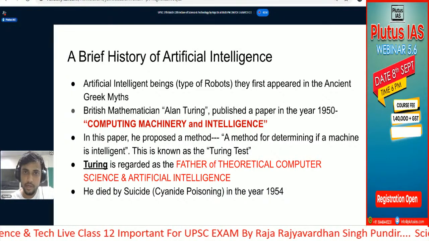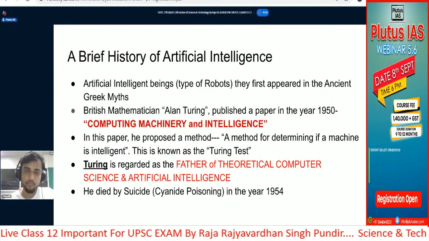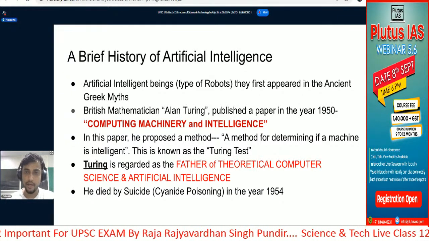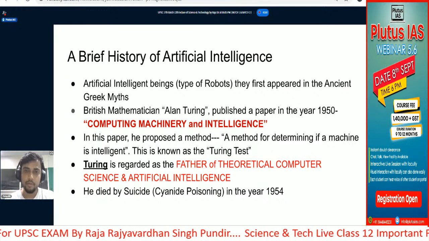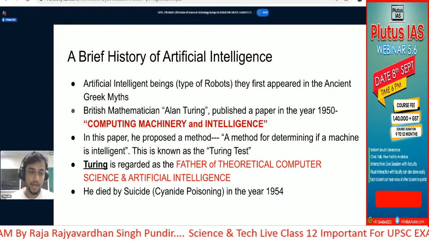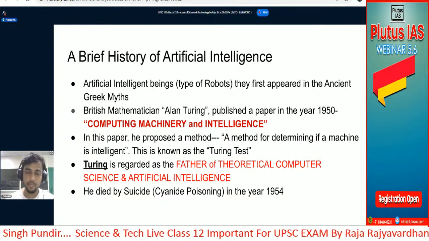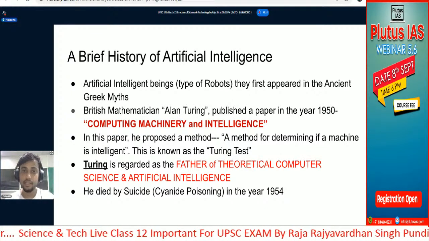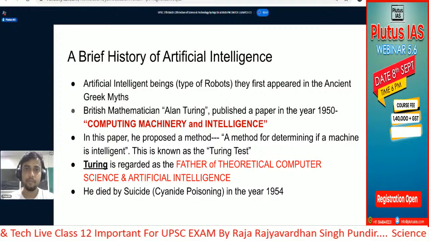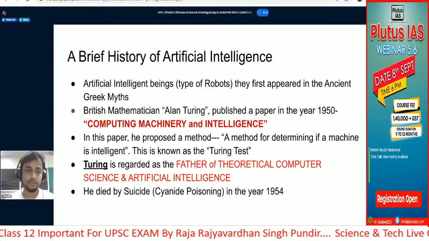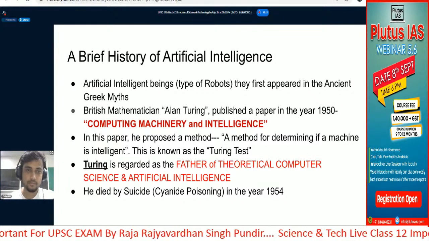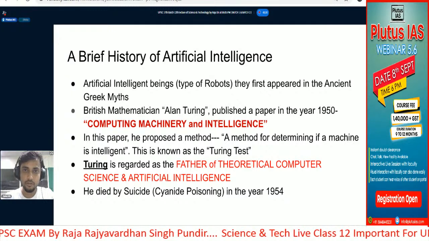Okay, so in the Captain America Civil War, in the last portion when Iron Man is fighting the Captain America, then Iron Man gives an instruction to Jarvis that please find the fighting pattern of Captain America. Find some pattern. Vijay, you have some question?